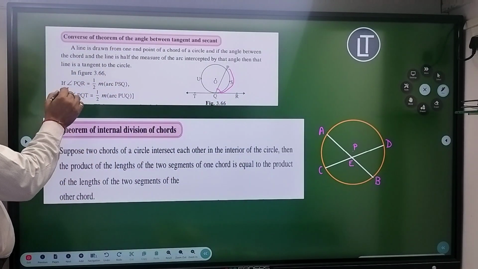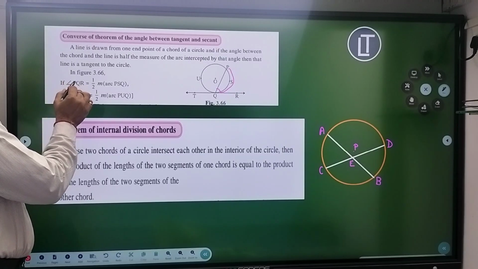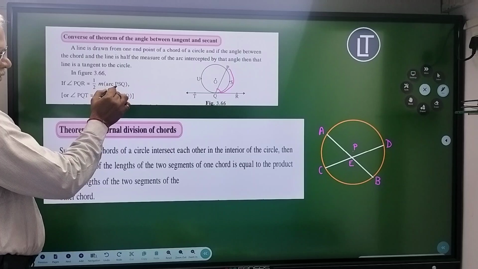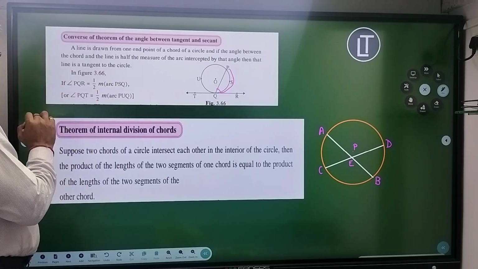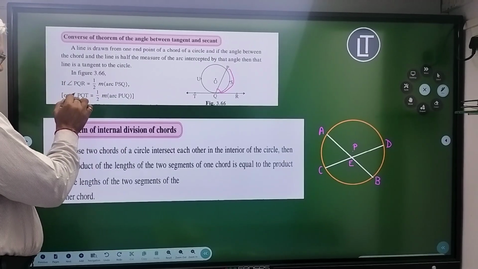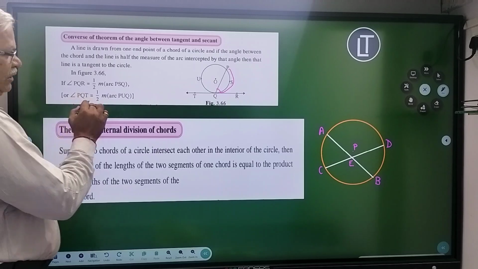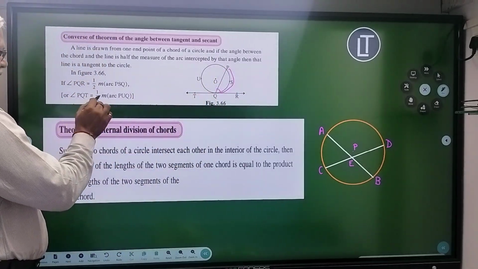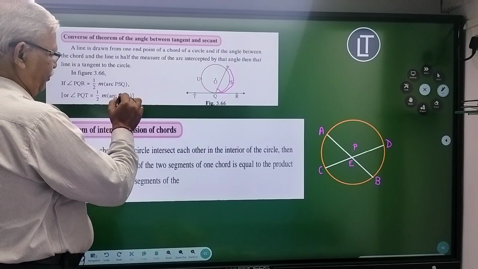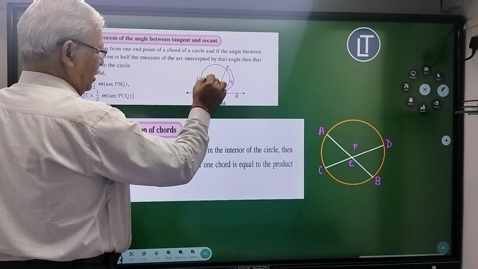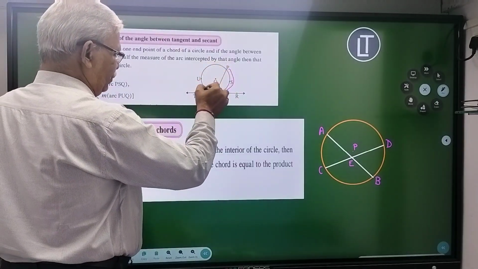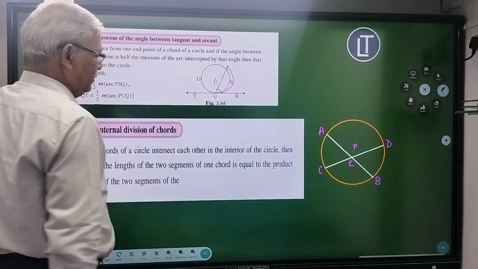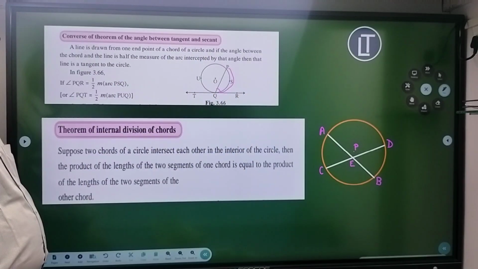Now see, if this angle PQR is half of the measure of arc PSQ, or angle PQT is half of the arc PUQ, then this line PR is the tangent.